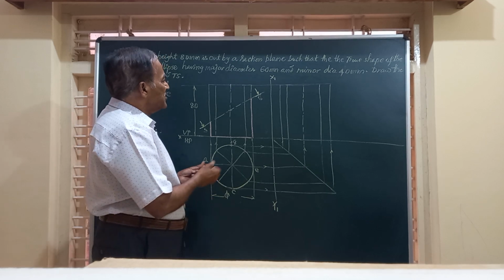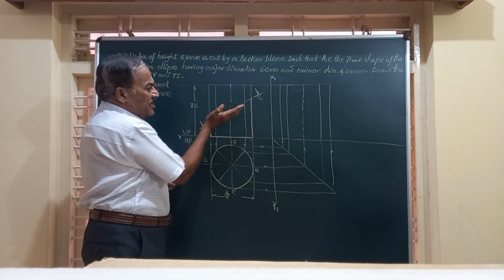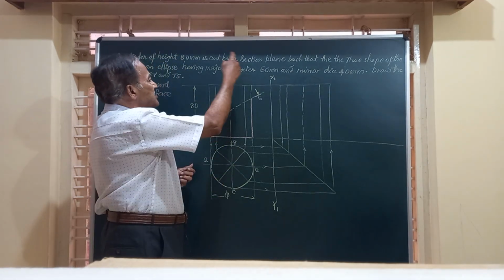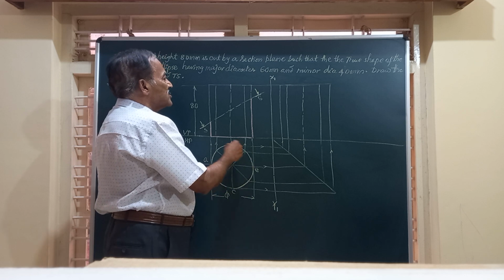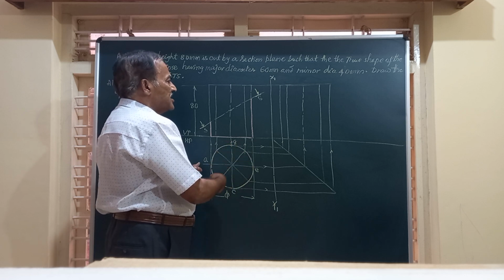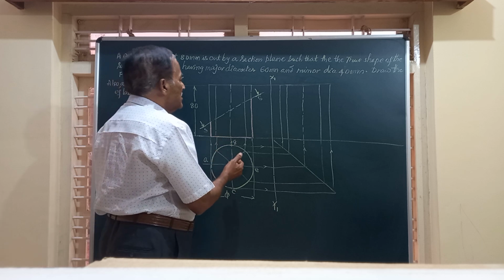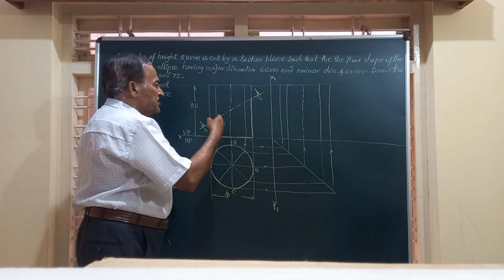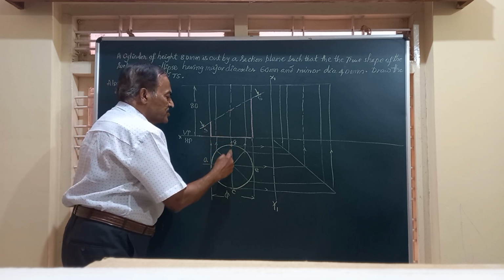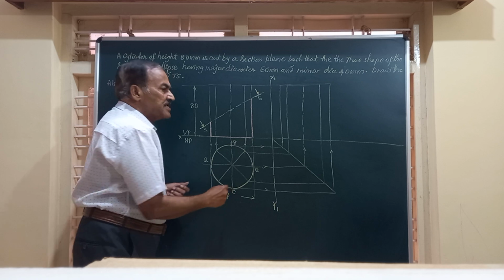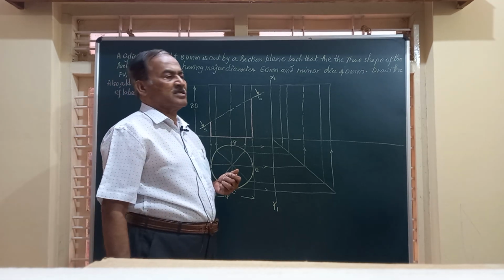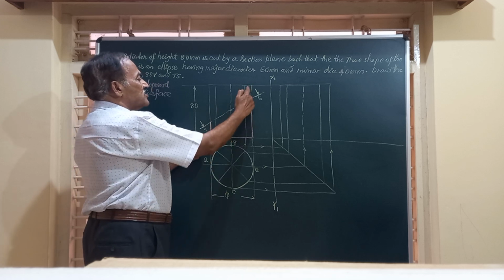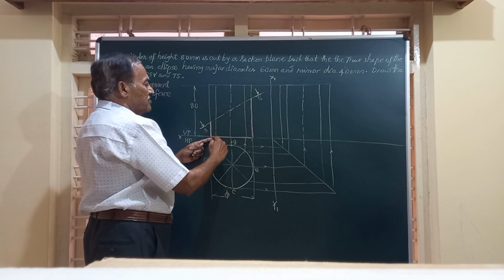Friends, whenever you are cutting the cylinder by a horizontal section plane, it's very obvious you are going to get the sectional top view, a circle with hatching done throughout. And if it is cut at an angle, the dimension of the cylinder which is perpendicular to the board, that is to say this dimension, which is nothing but the diameter of the circle, whether it is at an angle of 40 degree, 30 degree, or it is passing through the extreme ends of the top and bottom face.